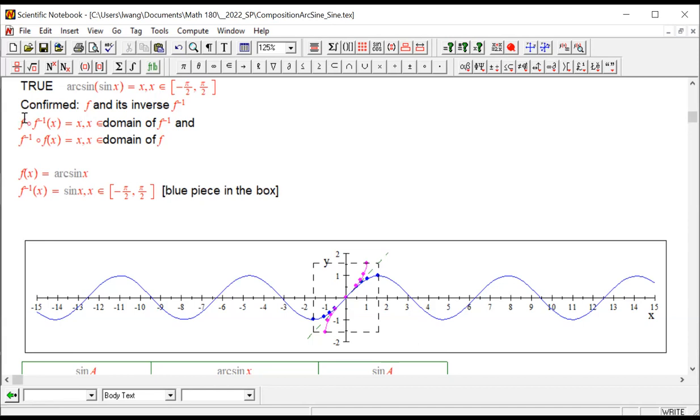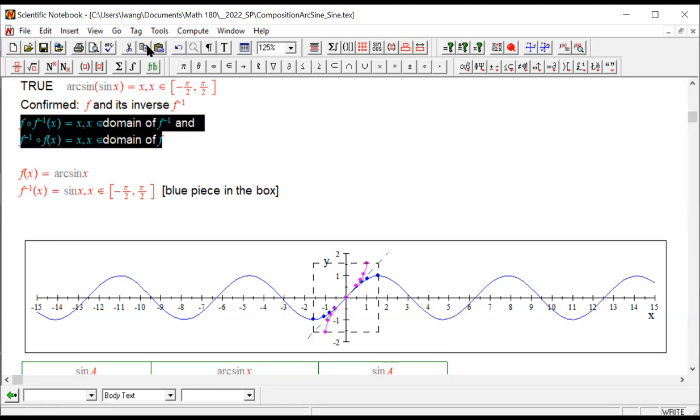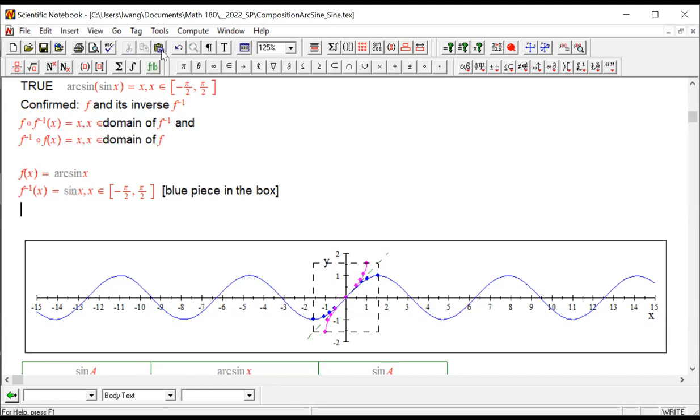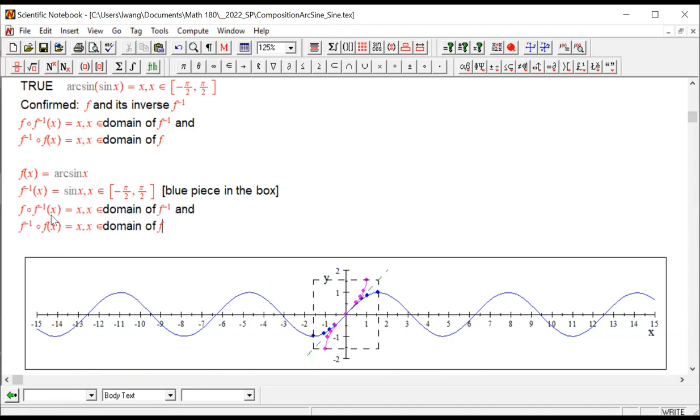All right, so this is true. Let's see how this applies to our situation. This is true because when we do F composite F inverse, what would that be?